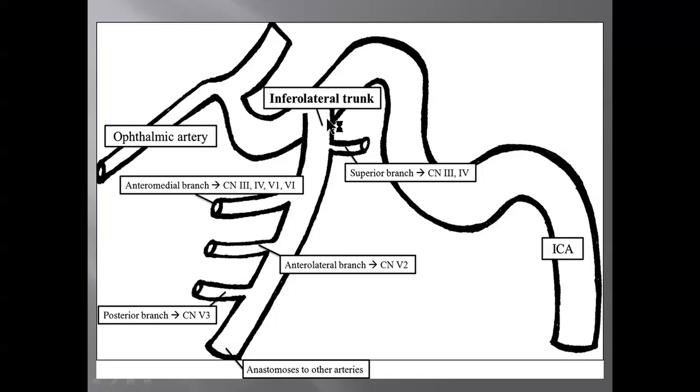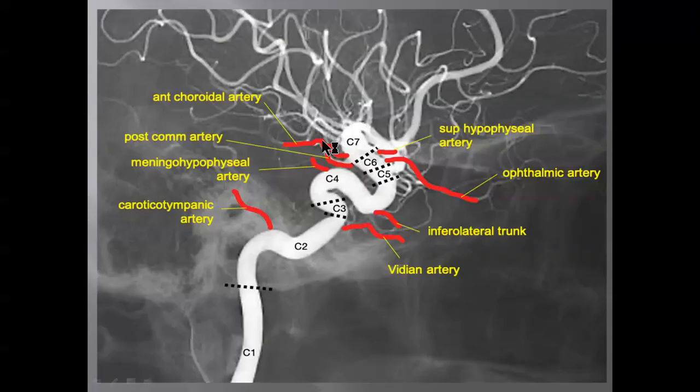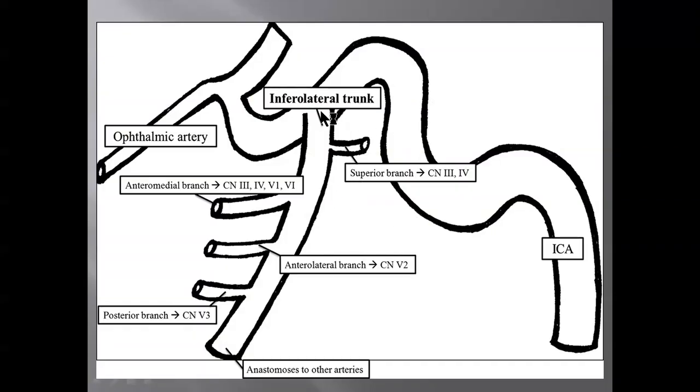Again, the infralateral trunk, which was coming from the cavernous segment, itself gives many branches, named differently: superior branch, anterior branch, and the posterior branches.